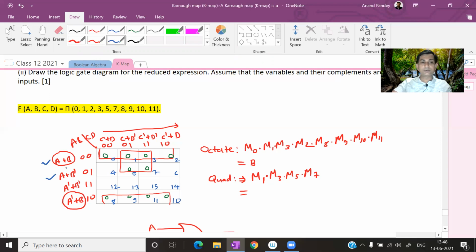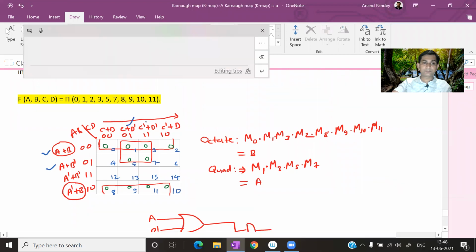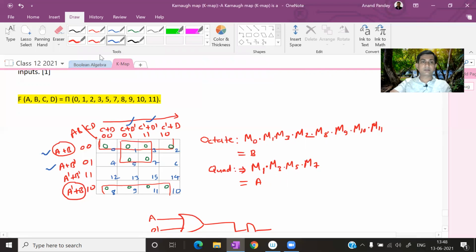In these 2 rows, the state of A is not changing, so we'll have A from that. It is acquiring these 2 columns, and from these 2 columns you can see the state of D is not changing. It is D dash. So we'll take A plus D dash.